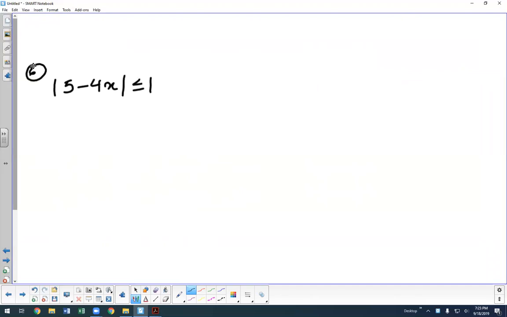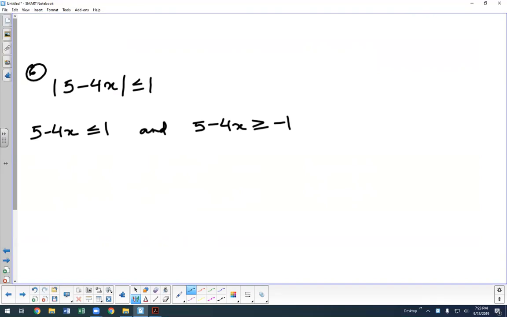So you can either set this guy up as 5 minus 4x less than or equal to 1, and 5 minus 4x greater than or equal to negative 1. The first one is going to be straightforward, like you're just getting rid of your absolute value symbols.